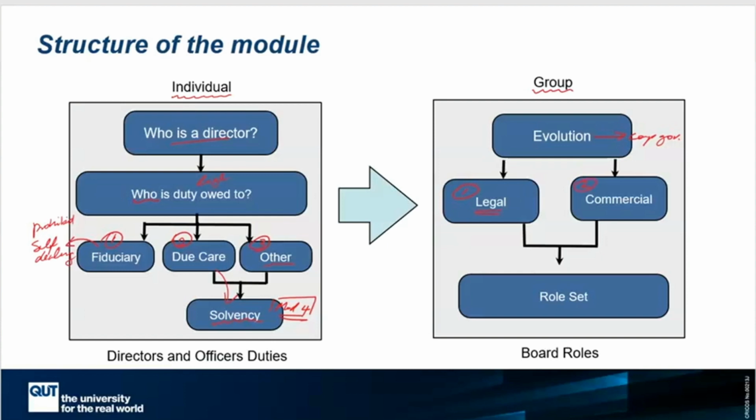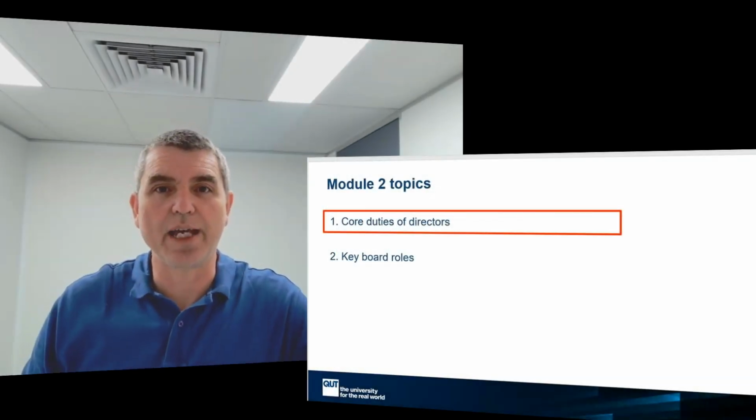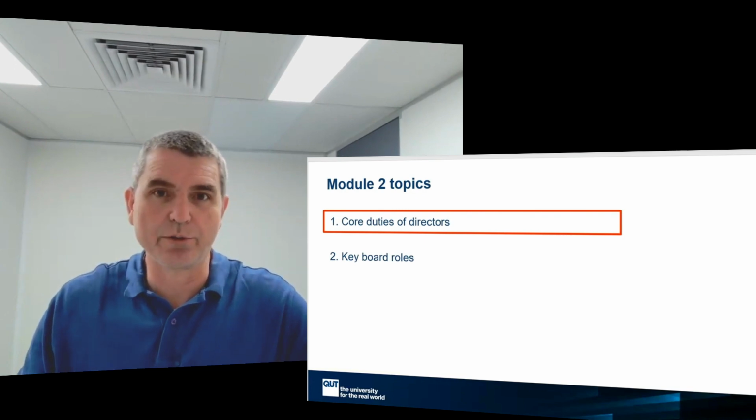And number 2, what commercially or in real life do boards tend to do? And out of those 2 things, we can come up with what we've labelled here a role set or a kind of generic set of terms that may cover what boards do. So that's the agenda that we have for this little set of modules.